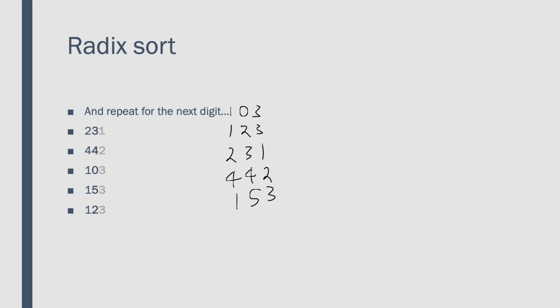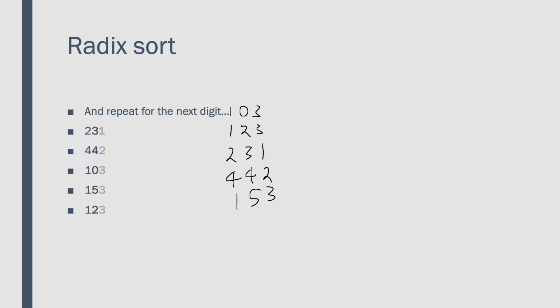Notice how the relative order of elements with the same tens digit remains unchanged. This is the effect of using a stable sort. Now, if we sort by the hundreds place, the most significant digit, the current list is 103, 123, 231, 442, 153, and the hundreds digits are 1, 1, 2, 4, 1.